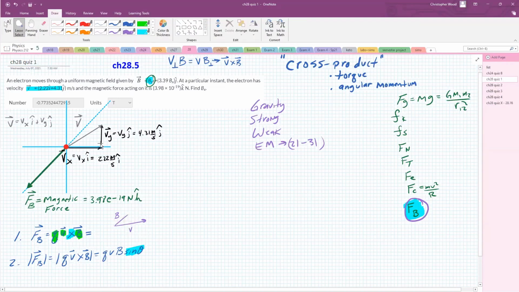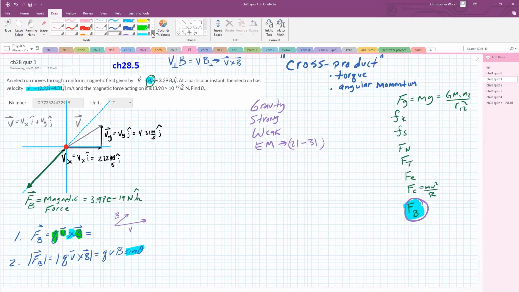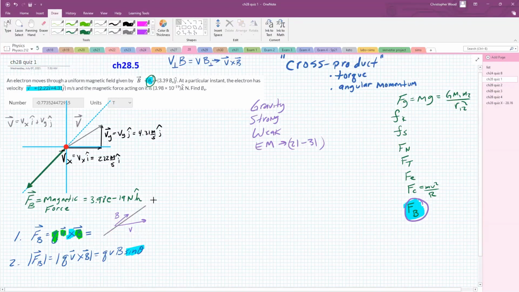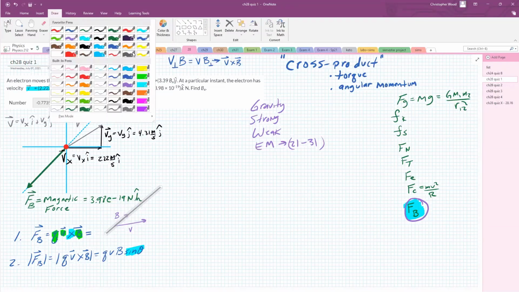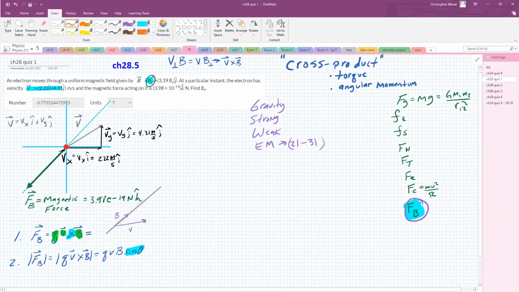Maybe I could extend this vector right here, maybe use a gray line and say, well, here's my B vector right here. And here's an alternative that gives me the exact same result. I could call this projection right here, dot, dot, dot, dot. This right here would be v perpendicular.